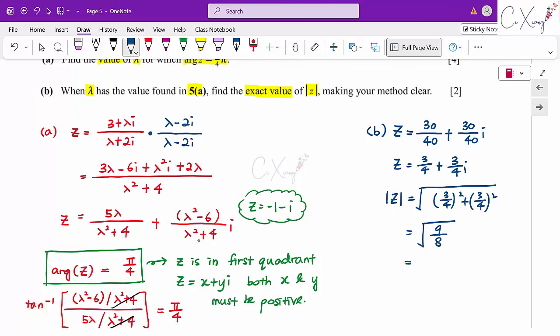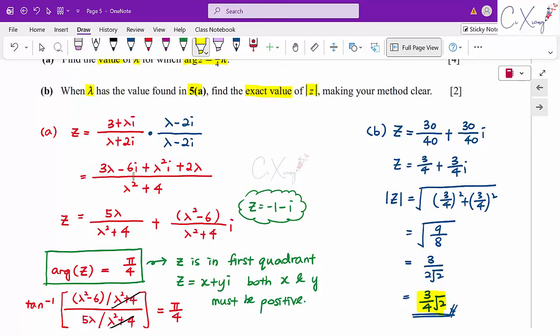Simplify it further, you're having 3 over 2 root 2. If you want to further rationalize it, then you'll be having 3 root 2 over 4. This one is quite straightforward because they just want you to find the modulus of z.